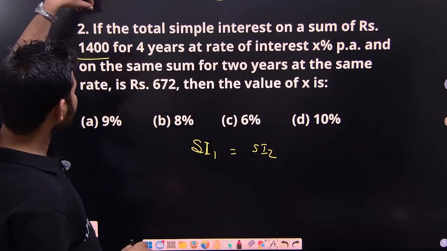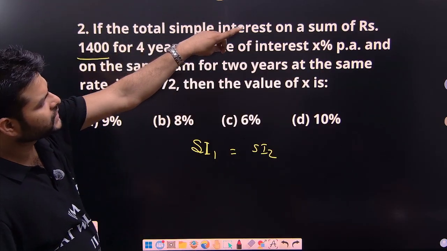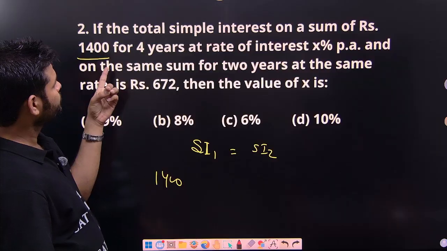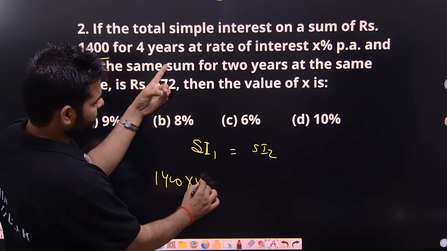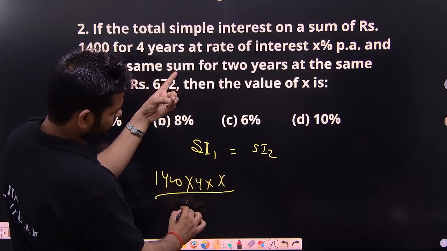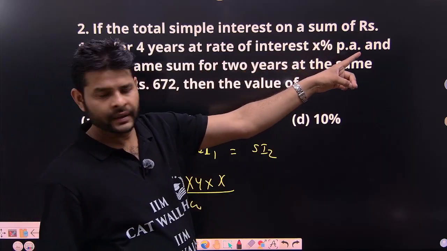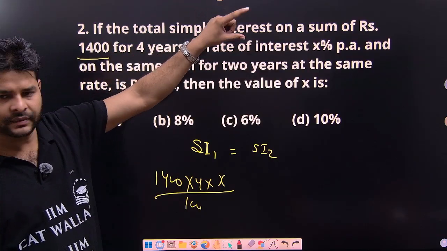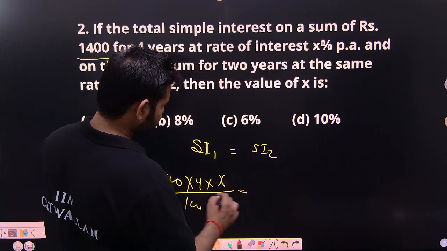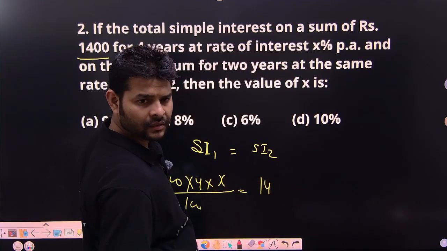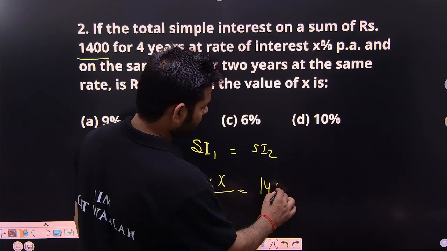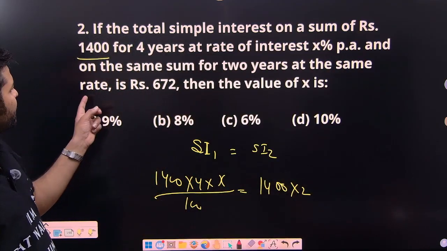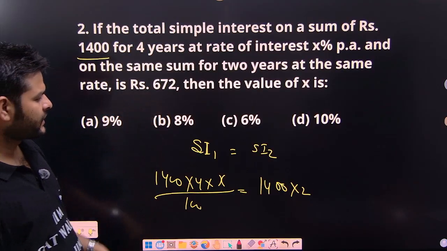If the total simple interest on the sum of rupees 1400 for 4 years, rate is X%, and on the same sum for 2 years at the same rate.